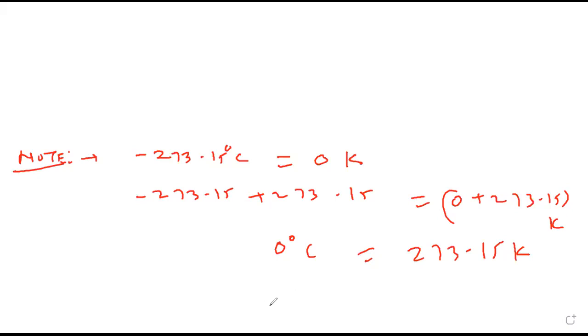Correct? So for numericals this is taken as approximately 273 Kelvin. So can you tell me what is 27 degrees Celsius? 300 Kelvin. So for numericals, if I see Celsius, I will add 273 to make it Kelvin. So just write this note.